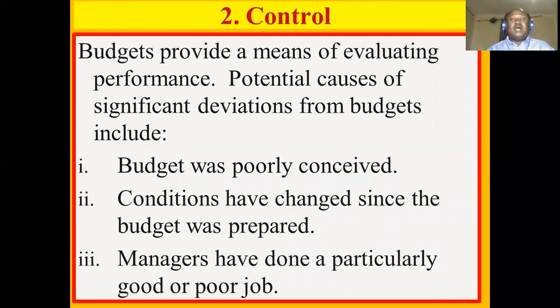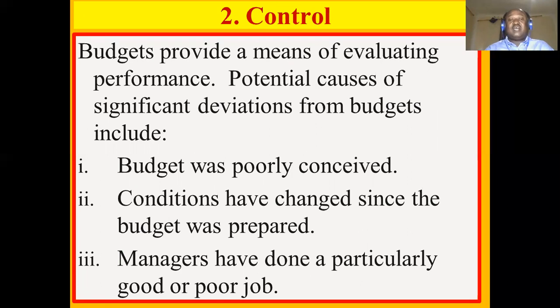In budget control, the budgets provide a means of evaluating performance. Here, potential causes of significant deviations from budgets may include: one, budgets could have been poorly conceived. Two, conditions have changed since the budget was prepared. Perhaps the prices have changed or the number of people involved in the project has increased or reduced.